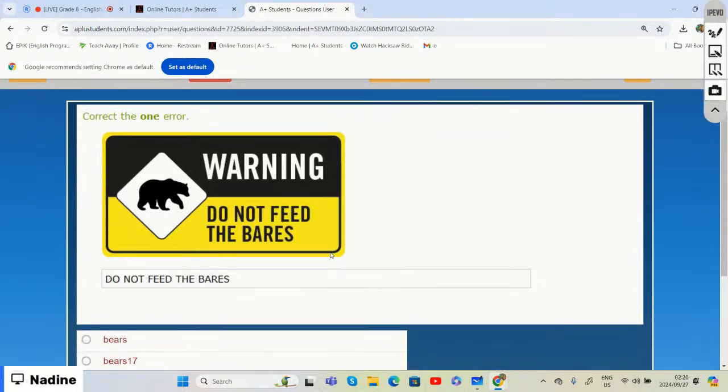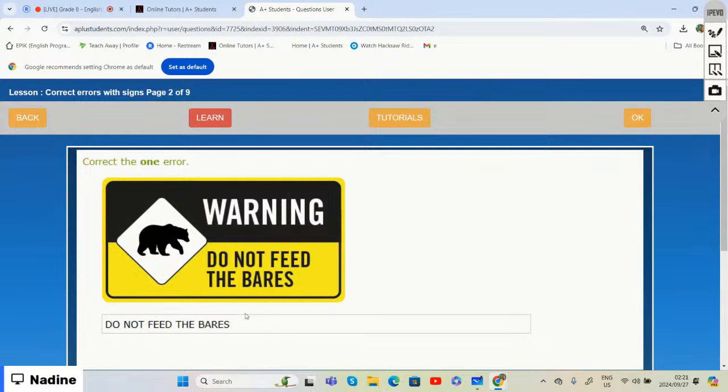All right. It says, warning, do not feed the bears. Warning, do not feed the bears. What do you think is the error within that sentence or within that sign?